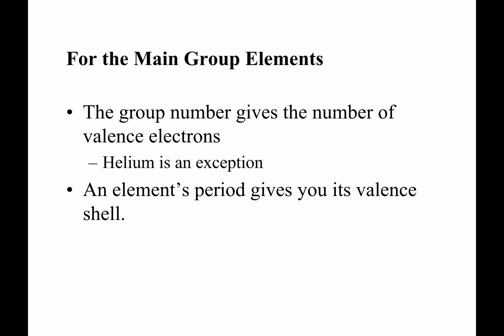So on the black and white periodic table like you have in your notes, at the top you have 1A, 2A. So 1 valence electron, 2 valence electrons. Skip the B's because it doesn't apply to the B's. This is group 3A, 3 valence electrons, 4A, 4 valence electrons, 5, 6, 7, of course, 8 valence electrons.